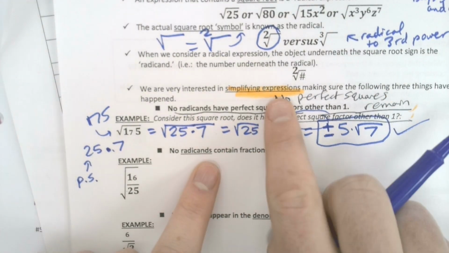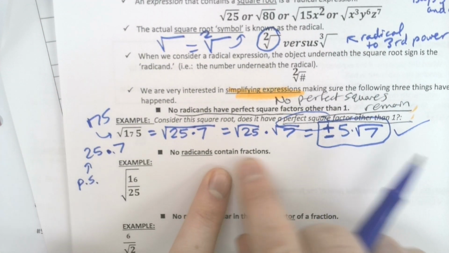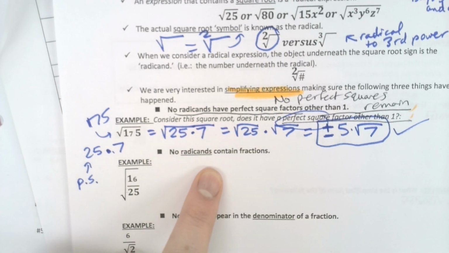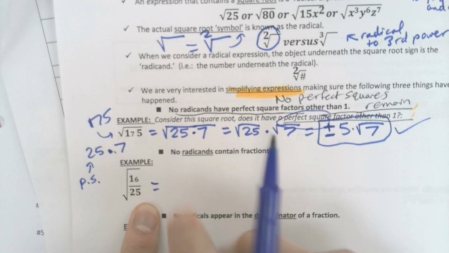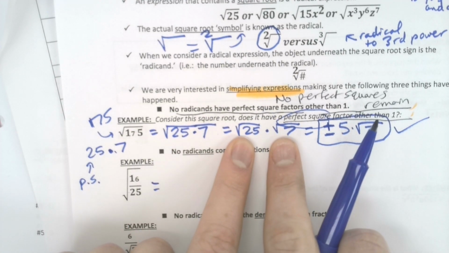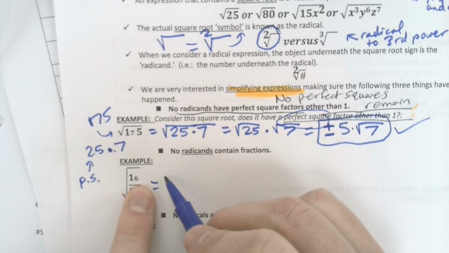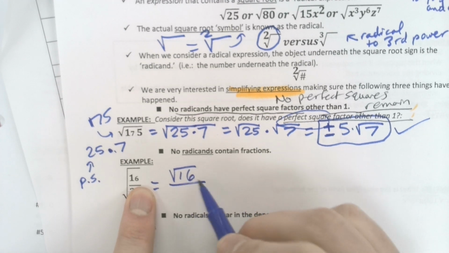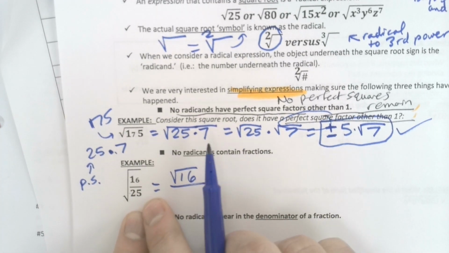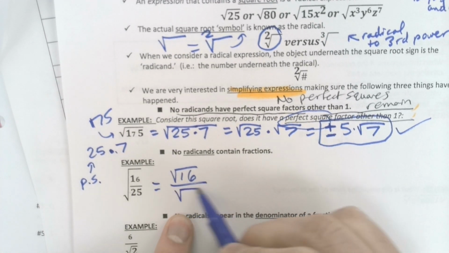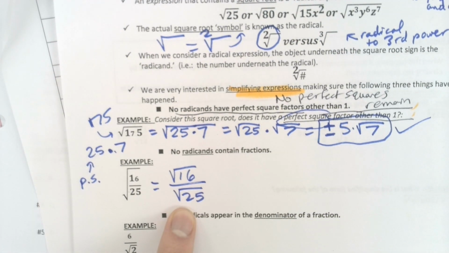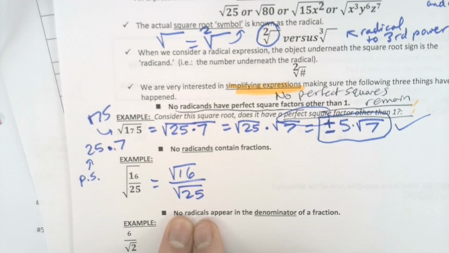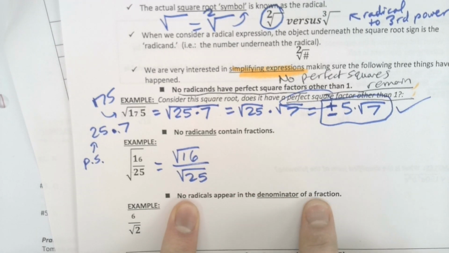Check this out. When we simplify, no radicands contain fractions. Here's what you can do if you see a fraction all underneath a radical. Just like up here, how we split this into 2, same thing here. You can take that numerator, create a square root with it, take that denominator, create a square root with it. Now, unfortunately, no radicals can appear in the denominator.